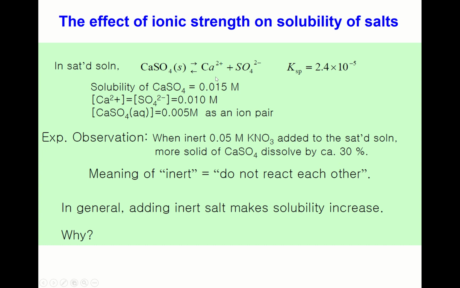Although the Ksp value is the same, the solubility of calcium sulfate increases. Here, inert means they do not react with each other. Potassium ion or nitrate ion don't react with calcium ion or sulfate ion.